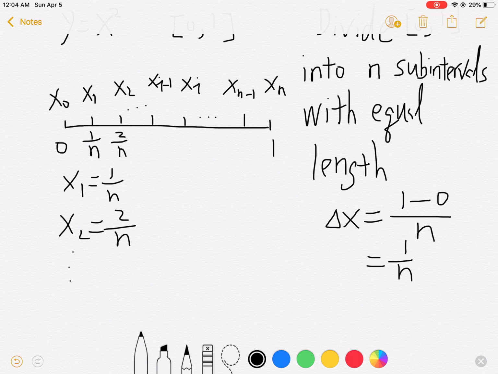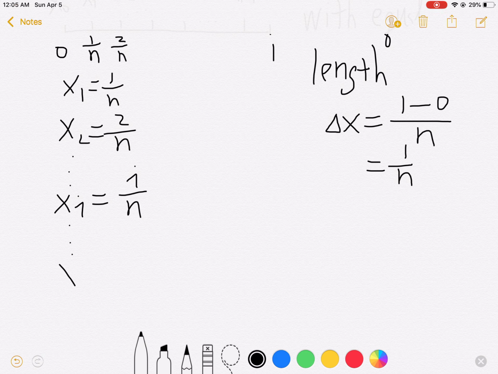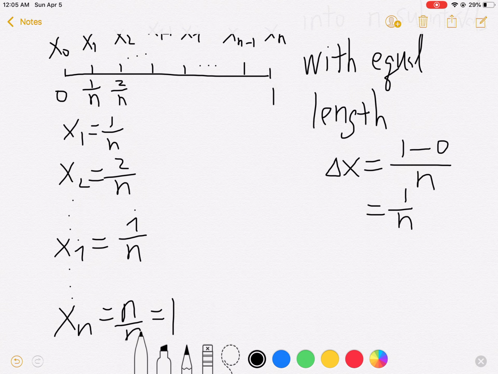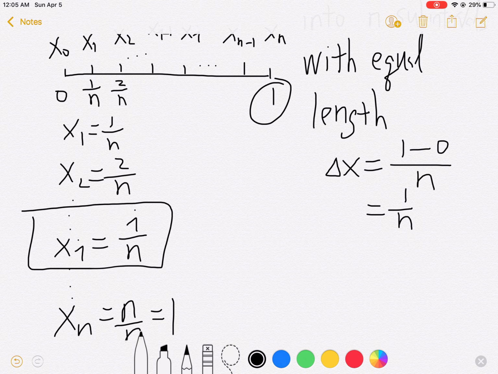So you can guess x sub i is equal to i over n, and x sub n equals n over n, which is equal to 1, the same as this number. So our guess that x sub i equals i over n is correct.